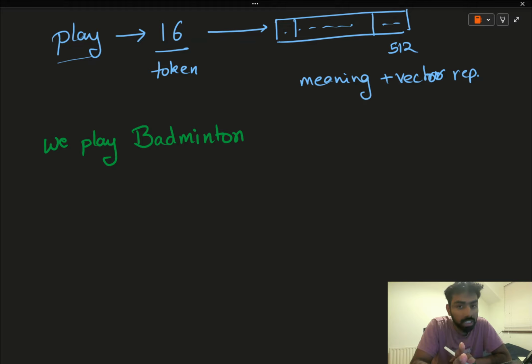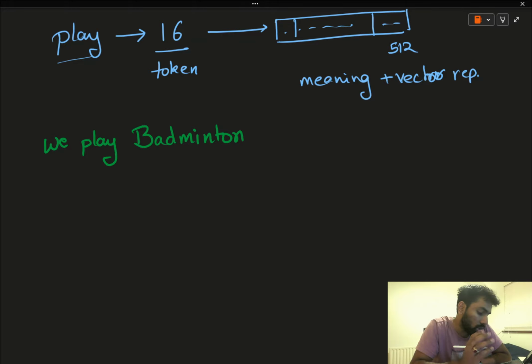For now, I'm just considering word-based tokenization so that it becomes easy for us to go through. Now, if it was written play badminton we, it would not make sense. And sometimes the meaning goes otherwise as well. So we don't know what the meaning of a sentence is unless it's in a correct order.